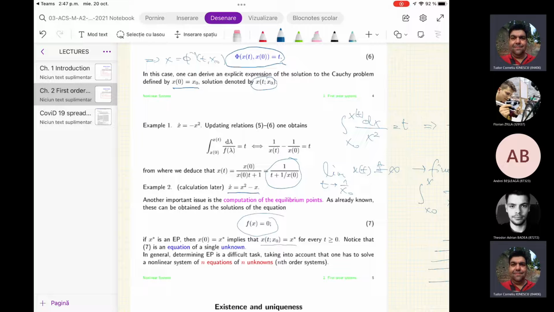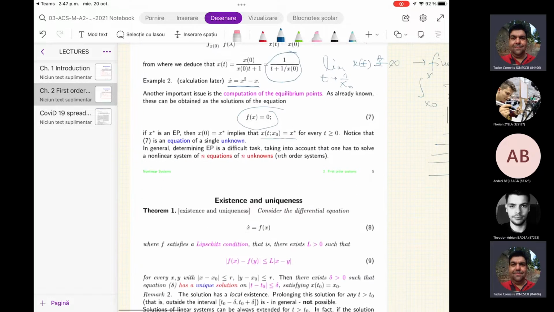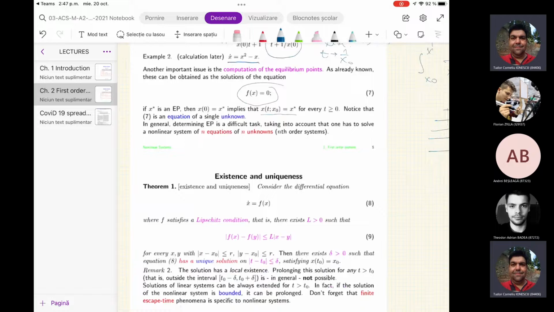And sometimes the problem of determining the equilibrium points can be really cumbersome and tedious and requires special algorithms such as Monte Carlo search, for instance. The search of equilibrium points sounds like an easy problem. Well, let me tell you that it's not. In general, determining the equilibrium point is a difficult task, taking into account that one has to solve a nonlinear system of n equations and n unknowns for an nth order system. So this can be, like I said, a very difficult task.